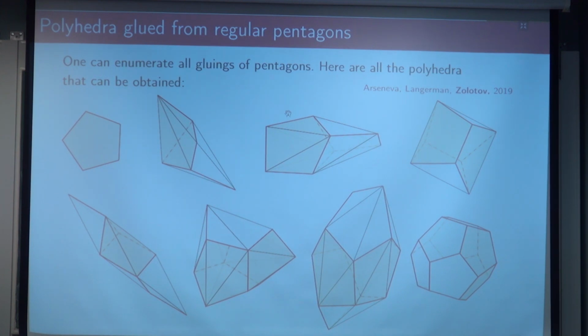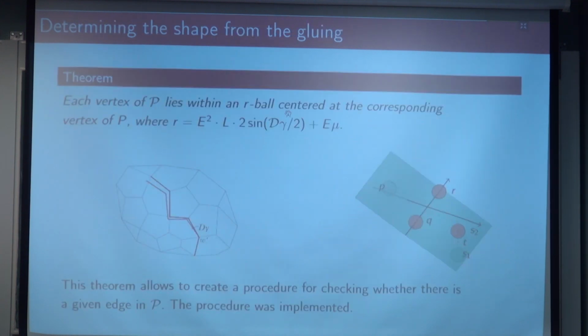What allows us to really produce this list and be sure of what the shapes are is the theorem that gives us a proximity bound between the polyhedron and an approximate polyhedron that can be obtained by other already known means. After it is proved, we can implement a procedure that really tells us where the edges are of the polyhedron we just glued.